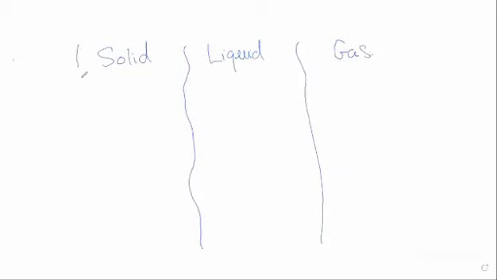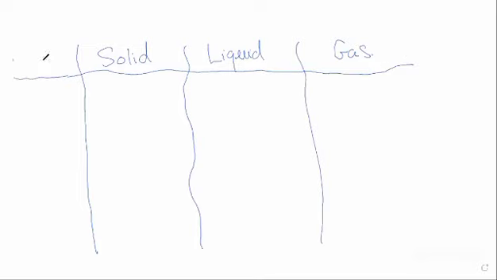Here they are, solid, liquid, and gases. Let's talk about different points of comparison, POC. Okay, let's start with the shape.